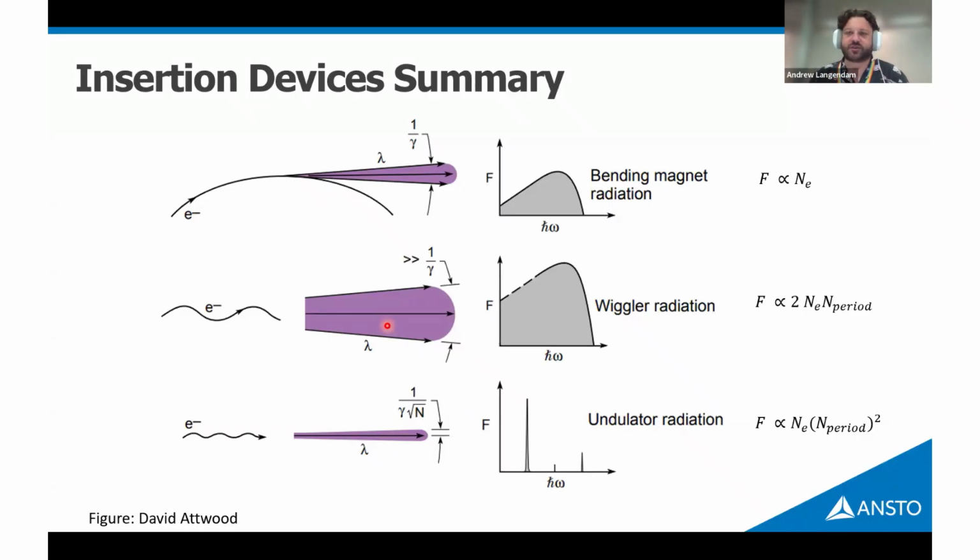You'll get constructive and destructive interference, and so you end up with harmonic light. This is very, very good because you can produce very, very bright light in very controlled energies. So XFM has an undulator because we want to be able to set our energy very accurately to be able to then do all the techniques that we want to do.